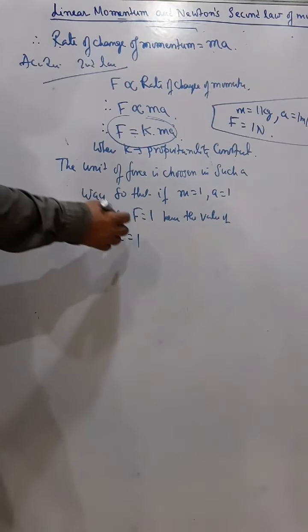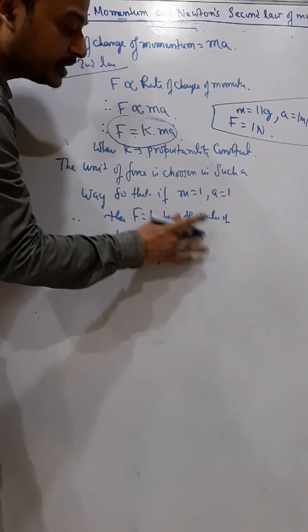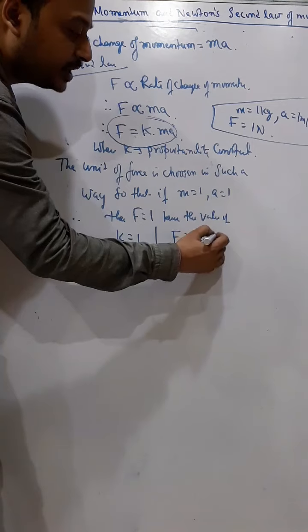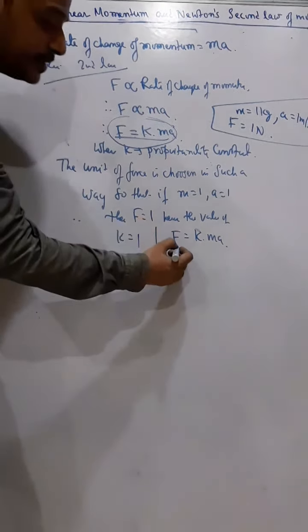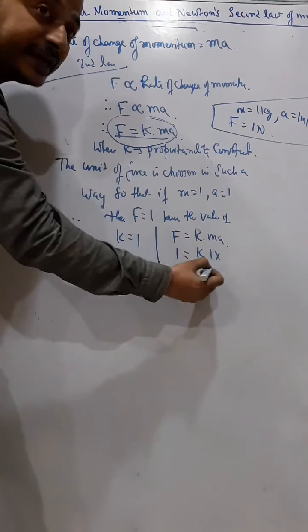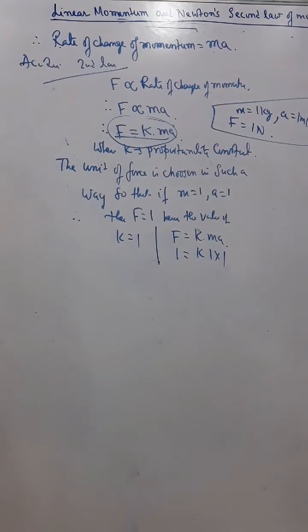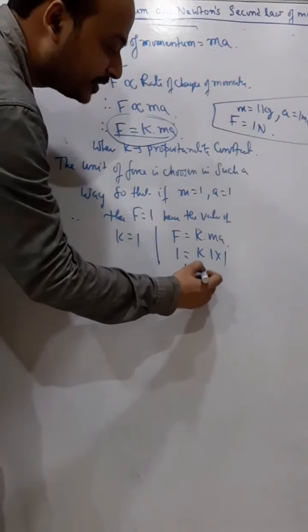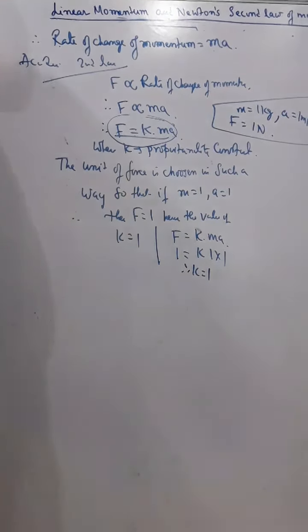So that means I can say that F equals k into m into a. This is where we last finished the derivation. Now if I put 1 in place of F, 1 in place of m, and 1 in place of a, then finally the value of k should be 1, and hence the value of k is taken as 1.